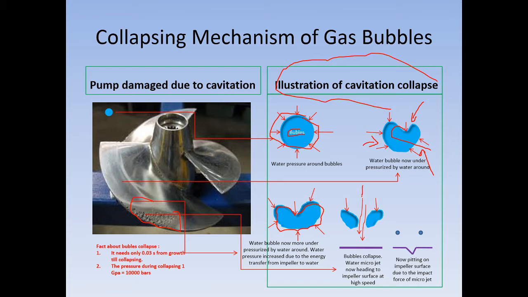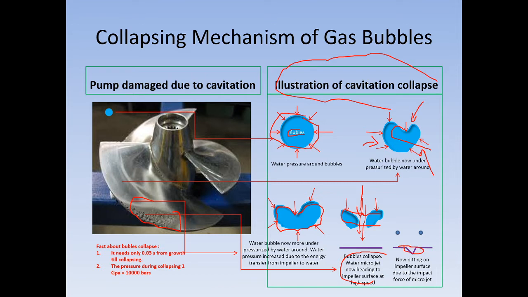The water pressure from here hits the vapor. It's just like you have a balloon, you put water inside, and then you have a needle, you push, and it collapses. And this collapse, at micro jet speed, hits the impeller surface.